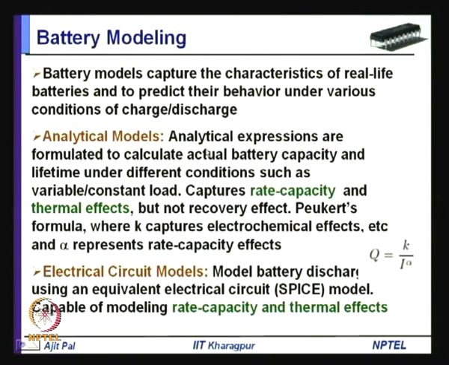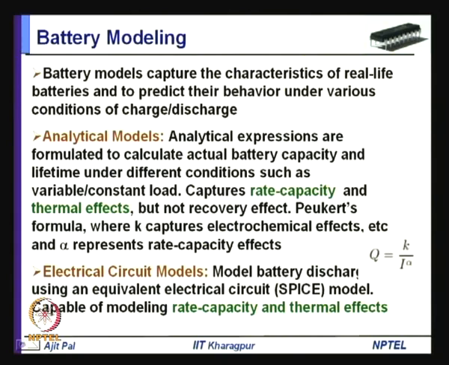Analytical expressions are formulated to calculate actual battery capacity and lifetime under different conditions such as variable and constant load. That means, it takes care of the charge discharge characteristics, and based on that it can find out that if this is the initial charge, and you draw this much current at this rate, this will be the charge left.